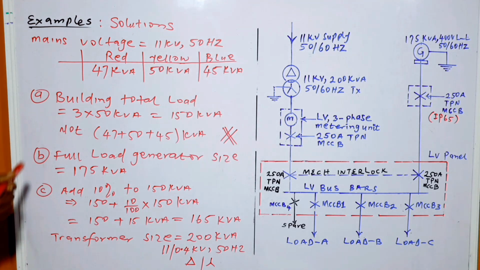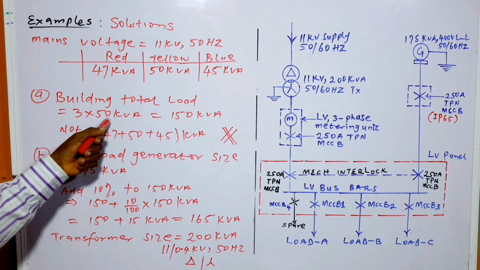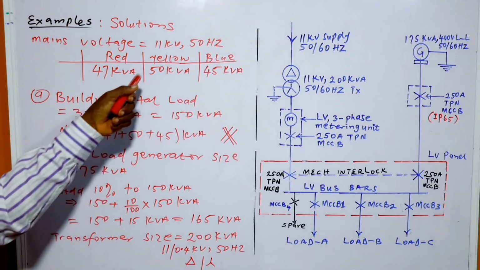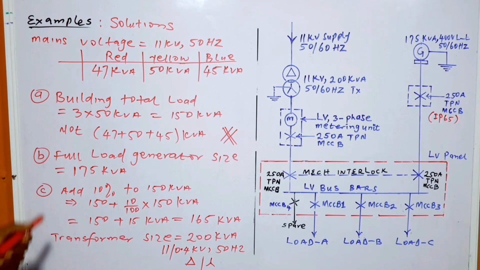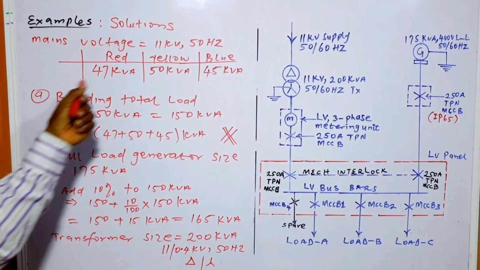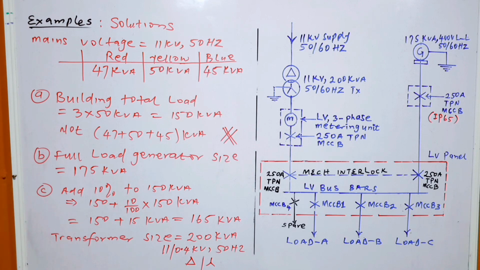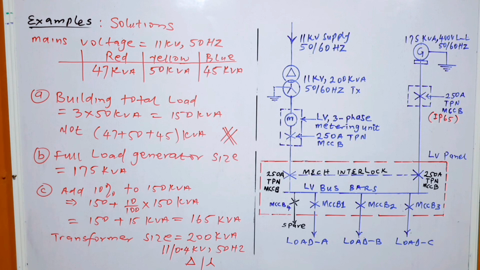Now, the A part, building total load is equal to 3 times 50 kVA, that is 3 times the highest phase load. It will be incorrect to take the algebraic sum of the phase loads. Alright, this is the right answer, 150 kVA.